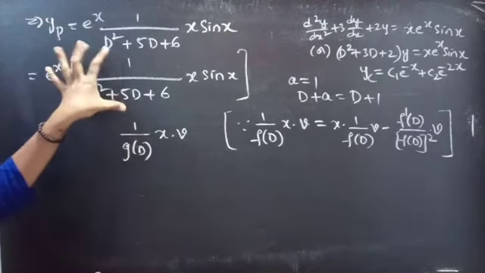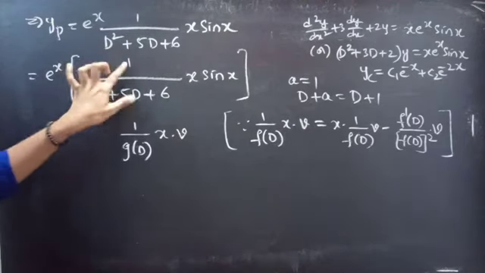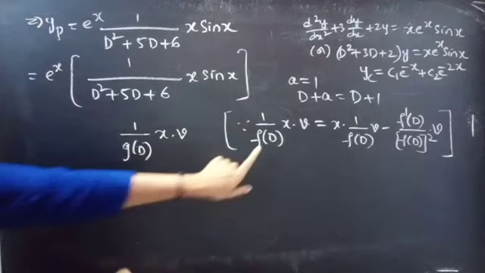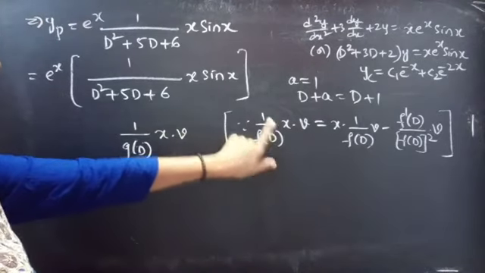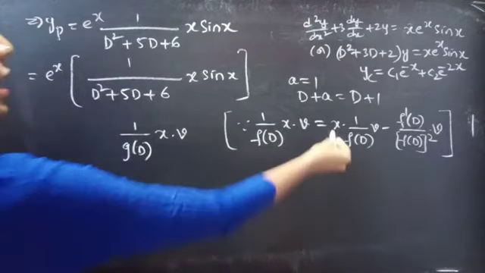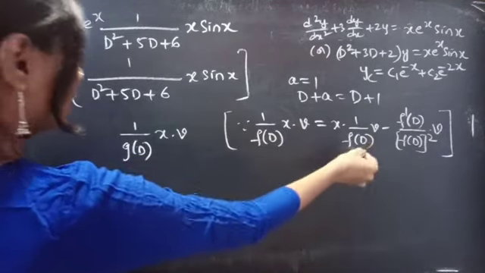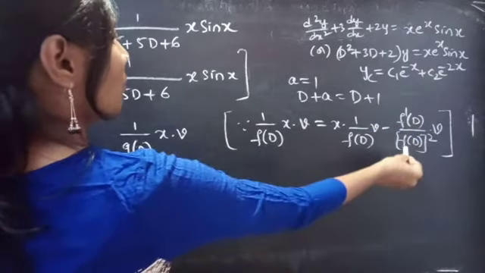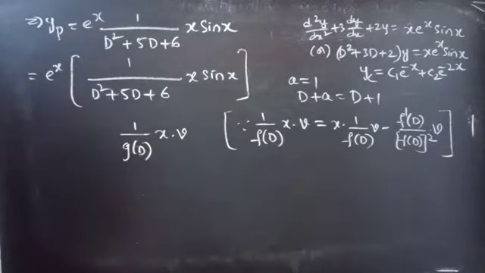Since here we are having 1 by some function of D, f of D, actually we have D square plus 3D plus 2. Here what we mean is, 1 by some function of D into x into v can be written as x into 1 by some function of D into v minus derivative of function of D by function of D whole square into v, right?